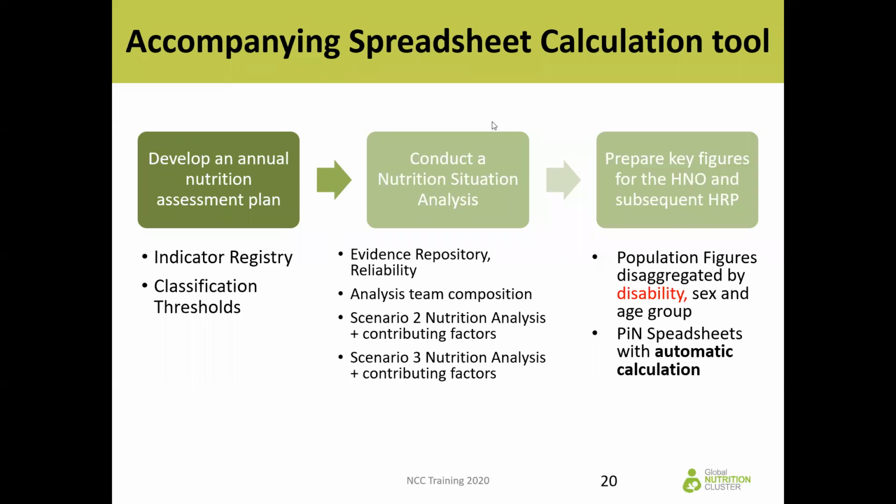Absolutely. The main thing is to just document these assumptions, so that the severity classifications I showed will differ. So it's just to make sure that you're clear on whether the severity classification was based on scenario 2 or scenario 3, but absolutely there can be a mixture of both scenarios within one country.